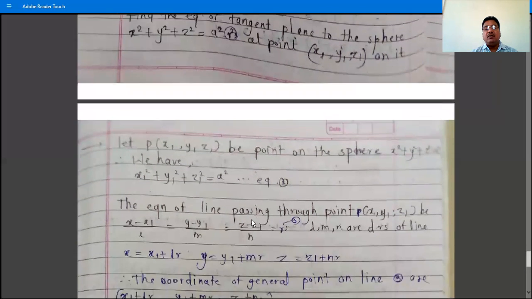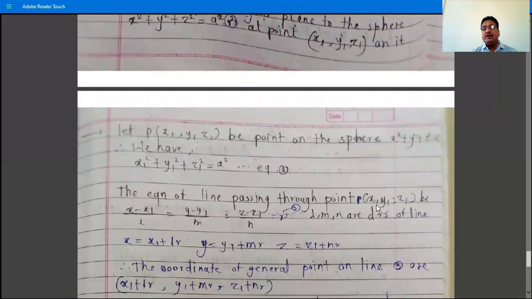The equation of a line passing through the point x1, y1, z1 is (x minus x1) by l is equal to (y minus y1) by m is equal to (z minus z1) by n. Obviously, these l, m, n are the direction ratios, or direction cosines, of the line, not necessarily direction cosines; they may be direction ratios of the line.